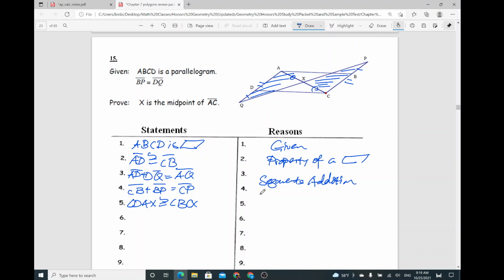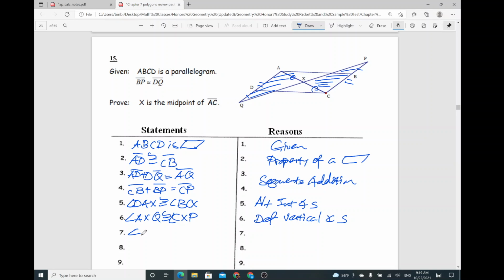You want to say that it's the alternate interior angle, because we know AD is parallel to CB, so those two angles have to be congruent as alternate interior angles. And also angle AXQ is congruent to angle CXP. This one is by the definition of vertical angles.